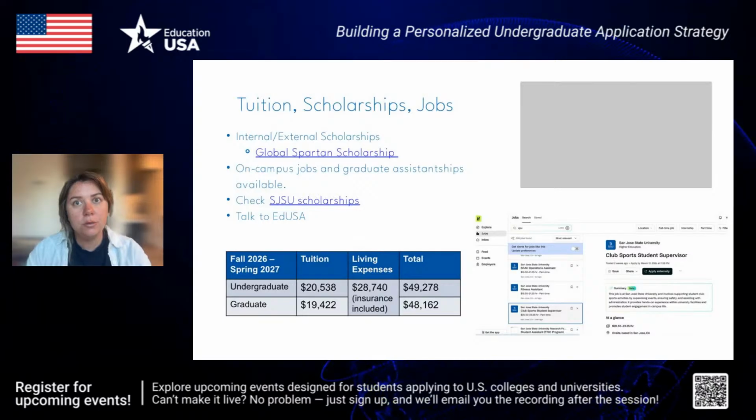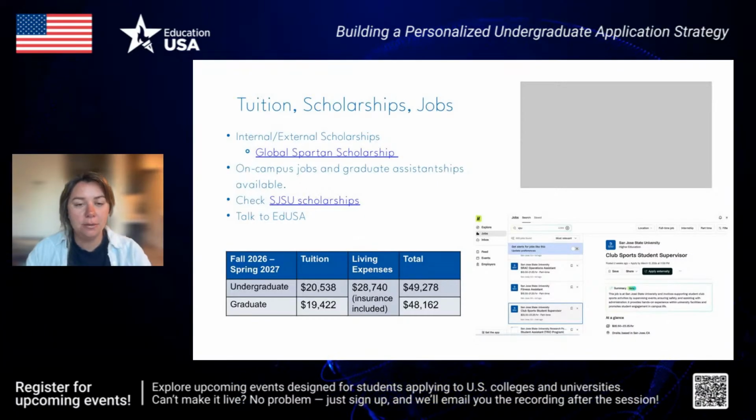But of course, when you do get on campus, we have special websites that only students and alumni have access to. It's called Handshake, and you will be able to apply for many on-campus jobs. So if you want to work at the sports center, or if you want to work with us, we have 2 student assistants who work for us, helping us answer emails.